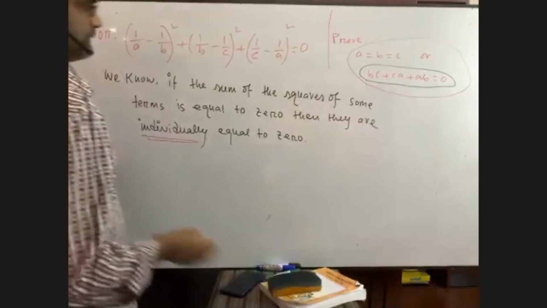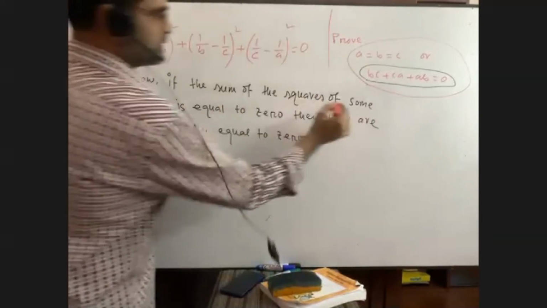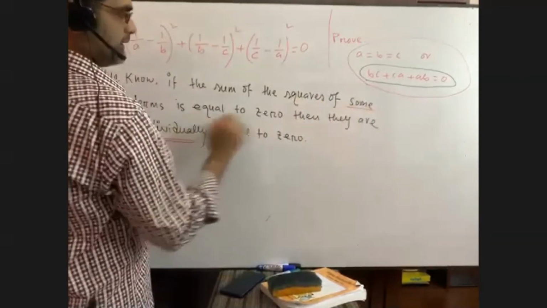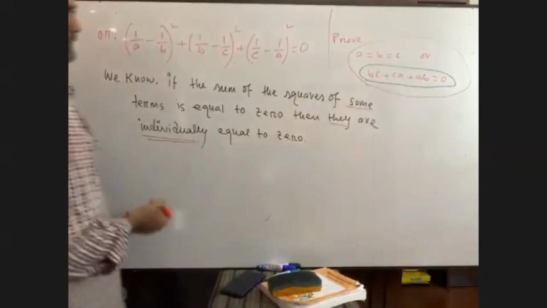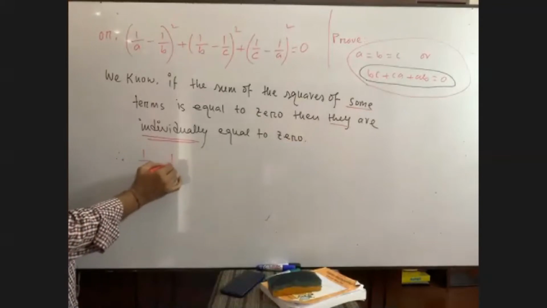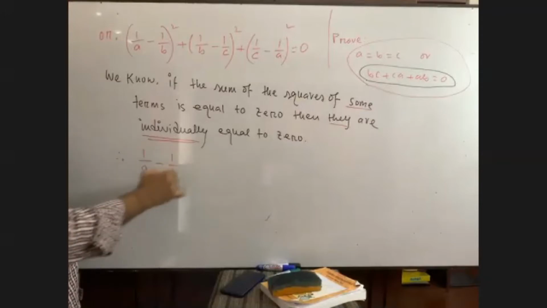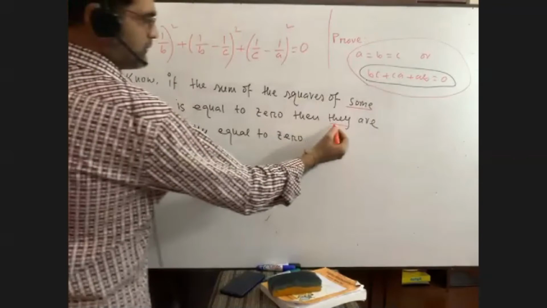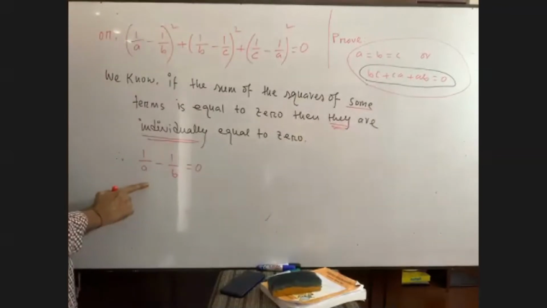That means the sum... they. What are they here? Can you tell me, please? Which one will be 0 here? 1 by a minus 1 by b whole square. No. Here they means this is they.